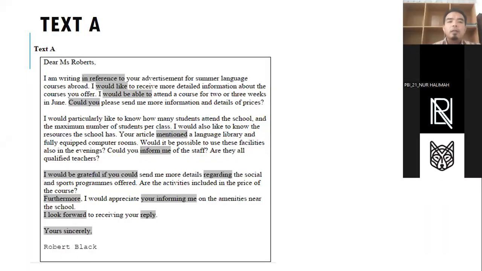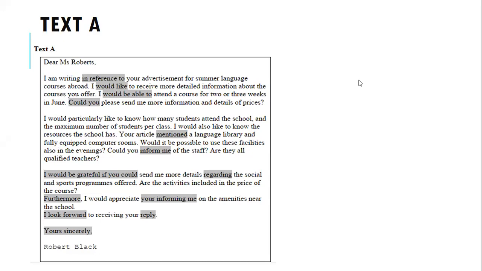I'd like to share the screen once again. Okay, please recheck. Can you see it? Text A. Yes.